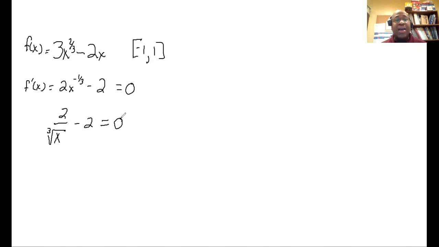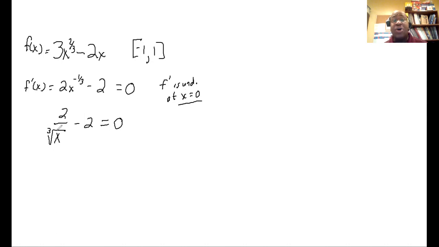We are going to have a critical value at x equals 0. Because we have x in the denominator, if x is equal to 0, you'll have division by 0, and so that's undefined. So we can make a note that f prime is undefined at x equals 0. So that's going to be one of our critical values right there.